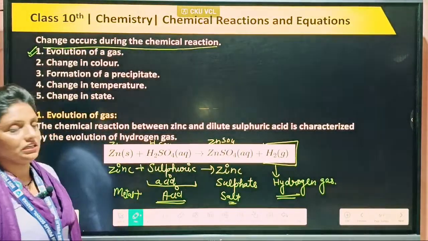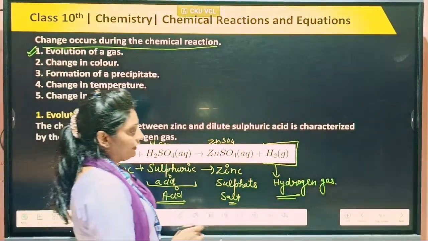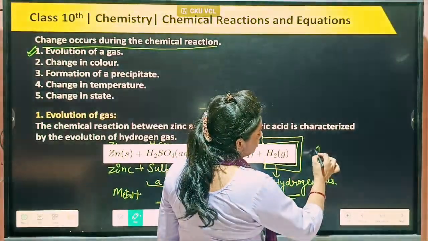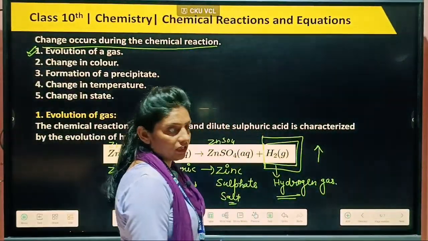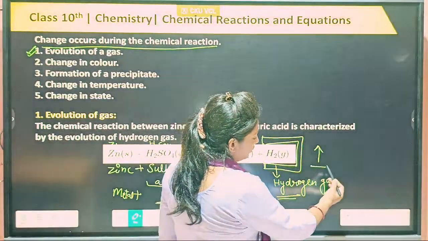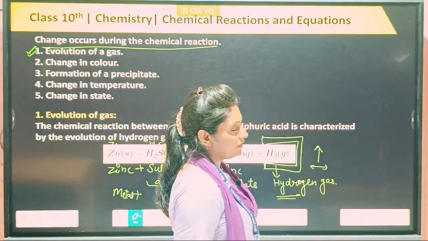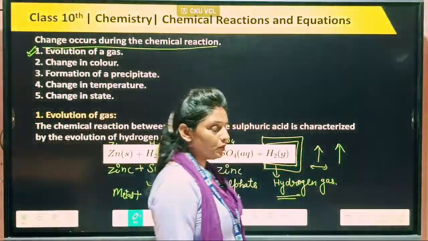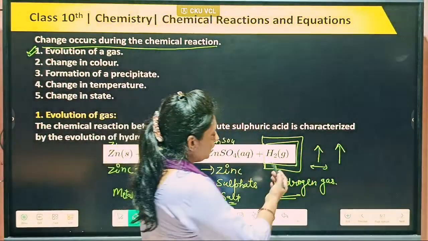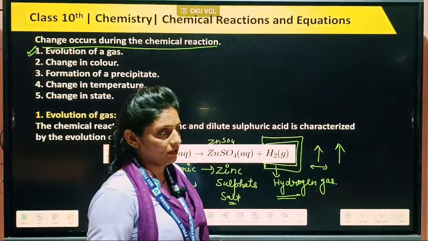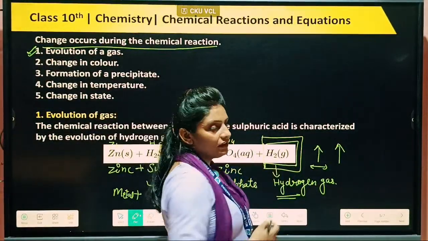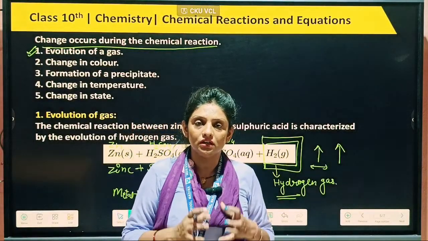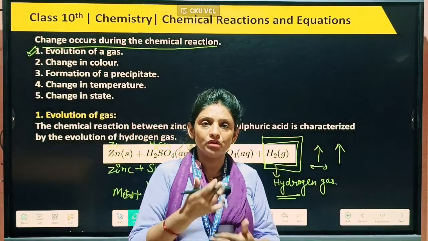So you can see, students, during a chemical reaction, hydrogen gas is evolved, and for evolution of gas, we show it by an upward arrow. So here evolution of gas takes place. Which gas is here? That is hydrogen gas. So students, during a chemical reaction, gas can be evolved.